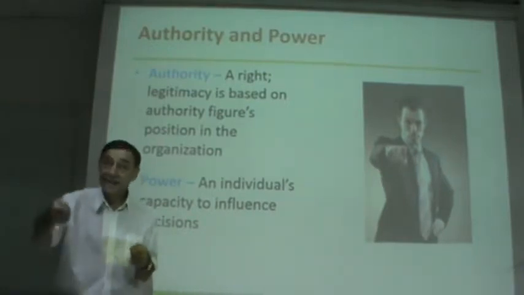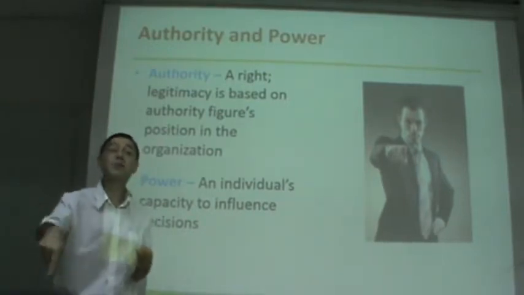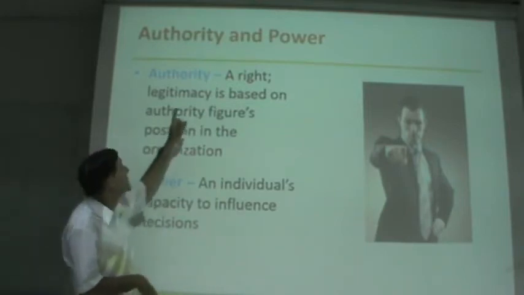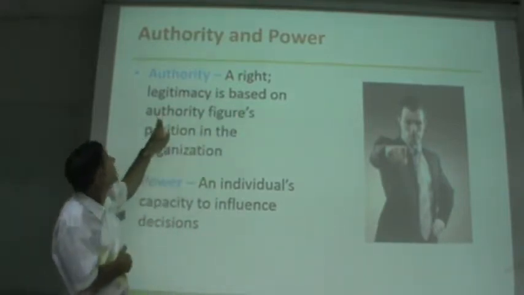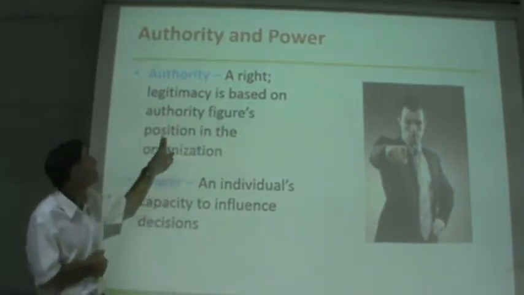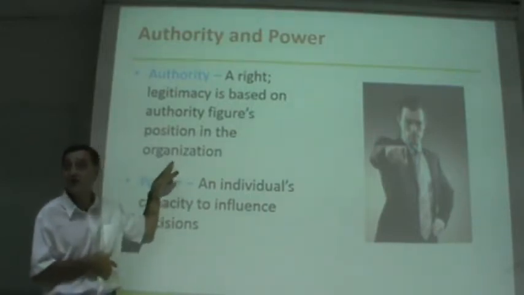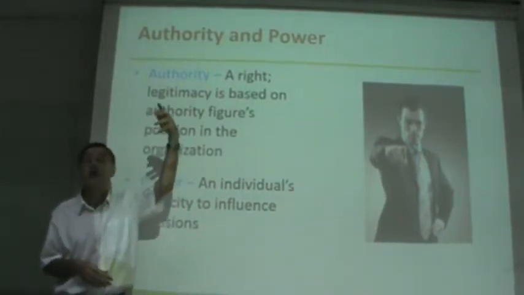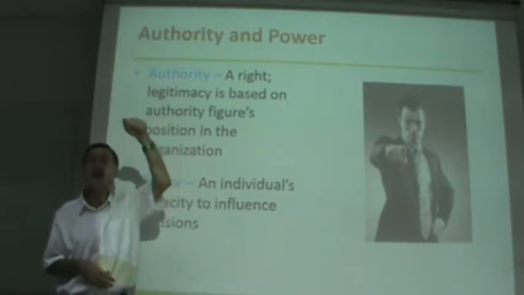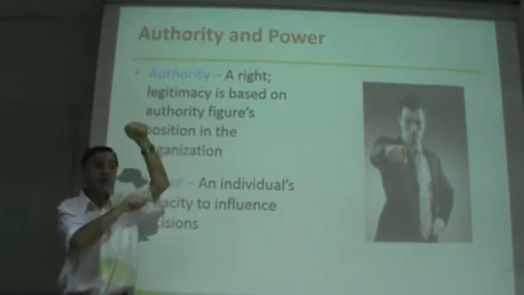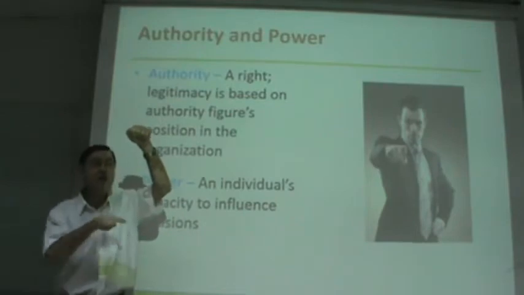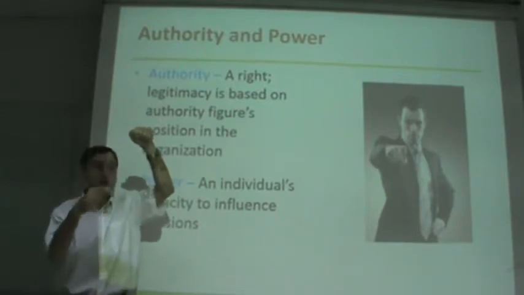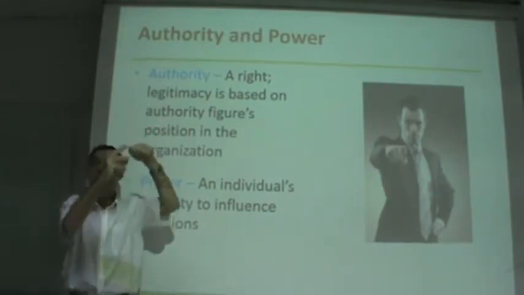You can tell your subordinates what to do. It is a right and it's based on the authority figure, or it's the position in the organization. So, for example, we got a department chair. And the department chair has authority over all professors inside the department, because the department chair is the boss.